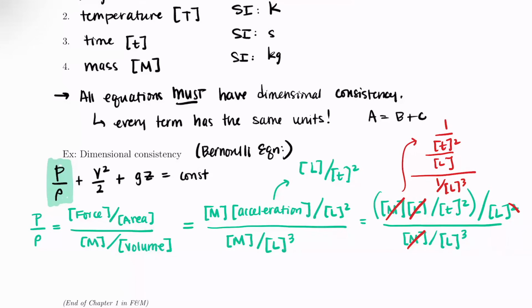And so what we have here is, I am going to take my 1 over L cubed in the denominator, and that flips into the numerator, right?